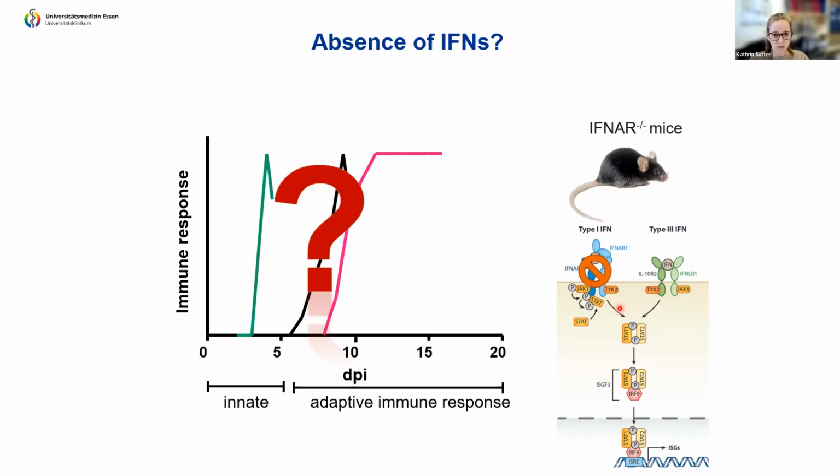This means that the complete downstream signaling is inhibited. So you do see an induction of interferon in these mice, but they cannot respond to the produced interferon. Due to the knockout of the receptor, there's no signaling cascade, and therefore no induction of any interferon stimulated genes.